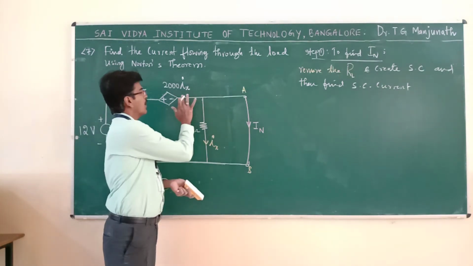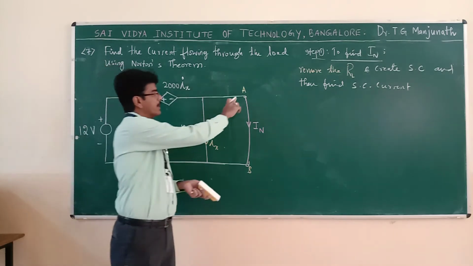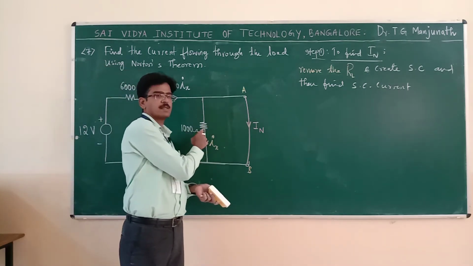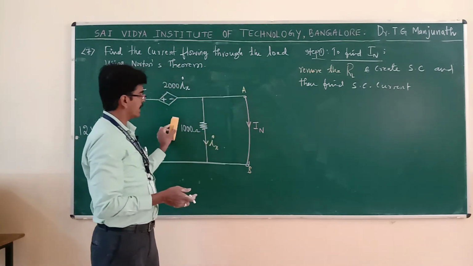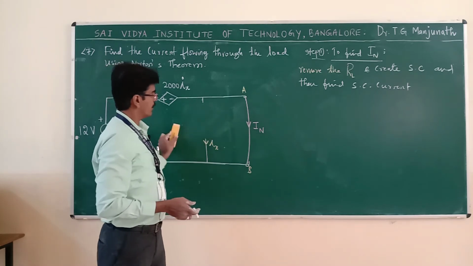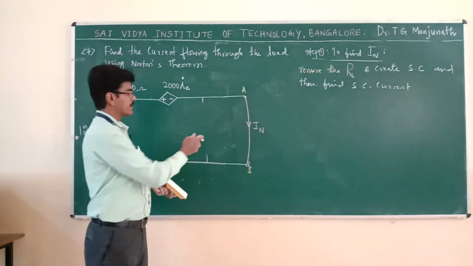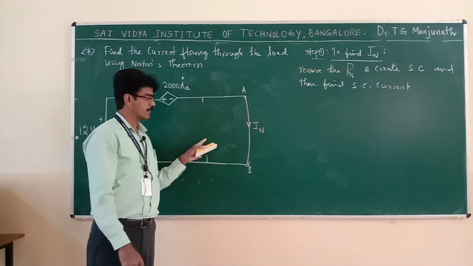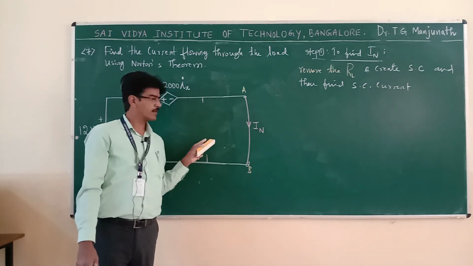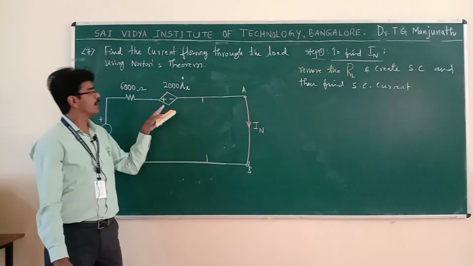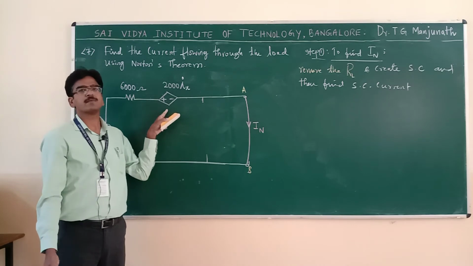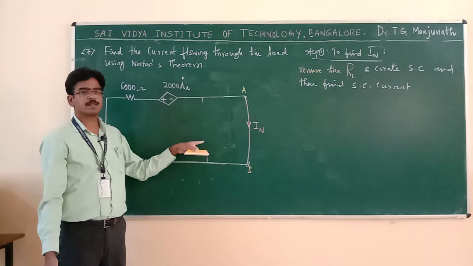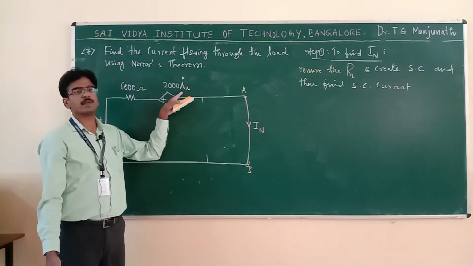Therefore, when you create the short circuit, this resistance becomes redundant, hence I can remove this. Once you remove this, what happens here? Ix will never exist. When Ix is 0, what happens to this? This becomes 0. When Ix is 0, this becomes 0.